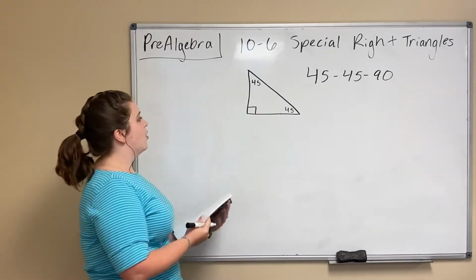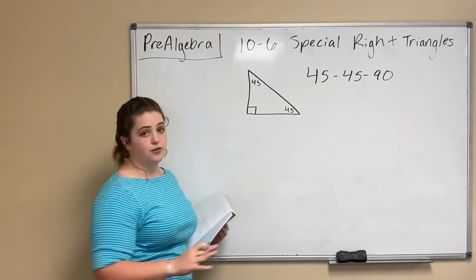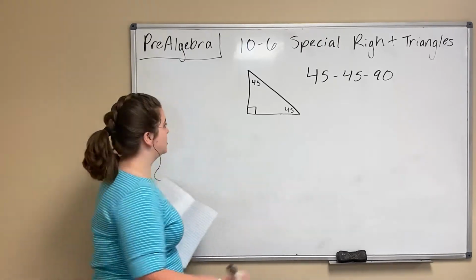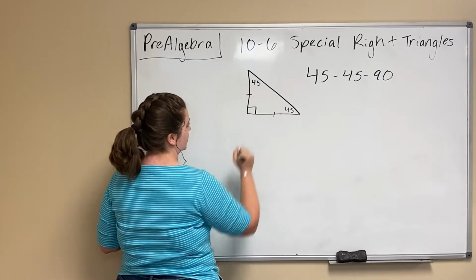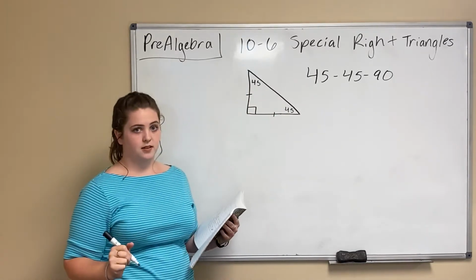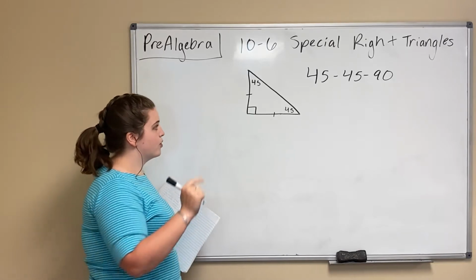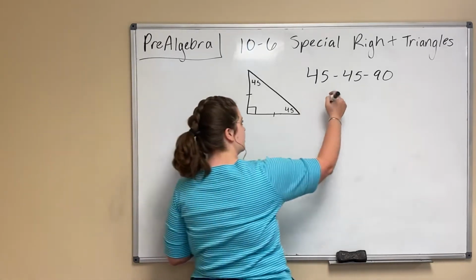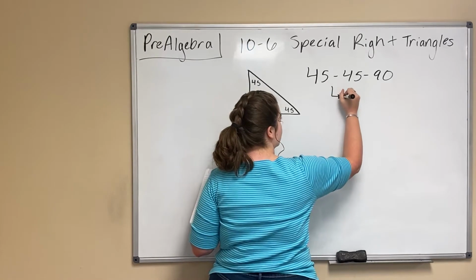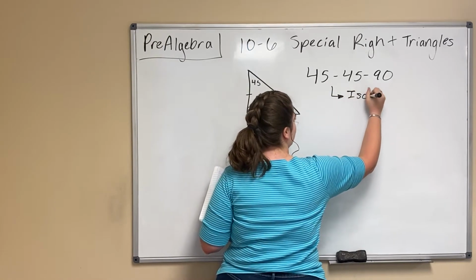What we know about a 45, 45, 90 triangle is that because these two angles are equal, so are these two sides. So 45, 45, 90 triangles, we also automatically know they are isosceles.